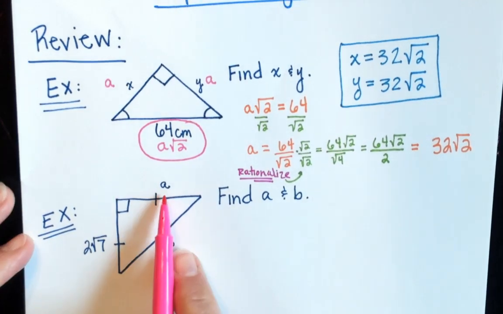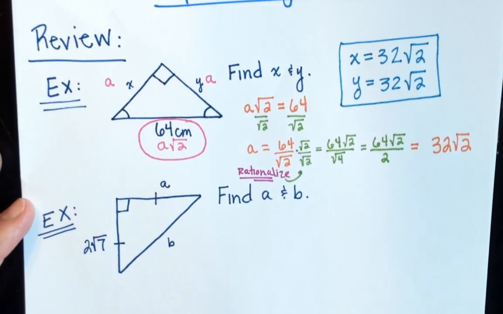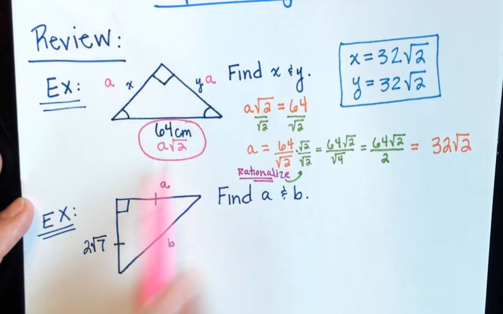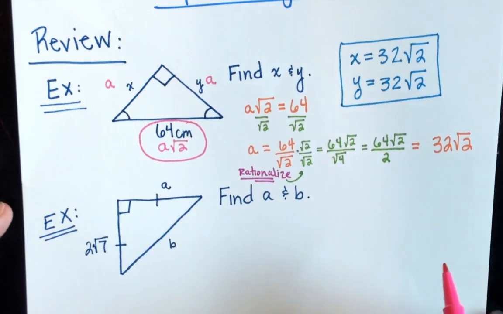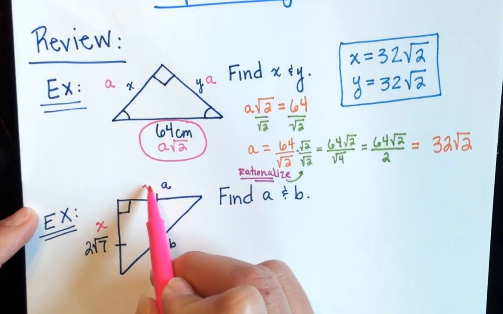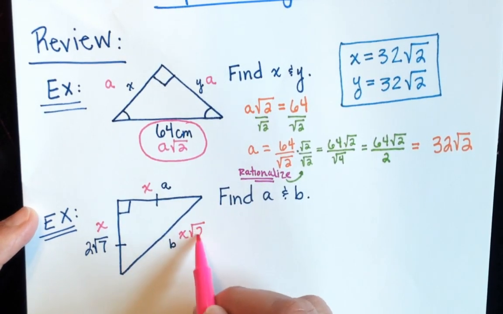And I have an A in this problem, so I'm not going to use A for my formula. Again, it really doesn't matter what the variable is as long as it's a 1 to radical 2 ratio. Let's use X. So X, X, and X radical 2.